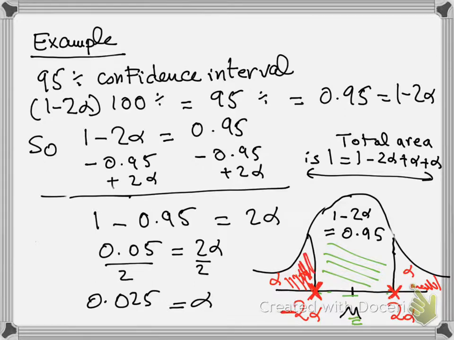So the probability that Z is less than minus Z alpha is equal to alpha. Okay.